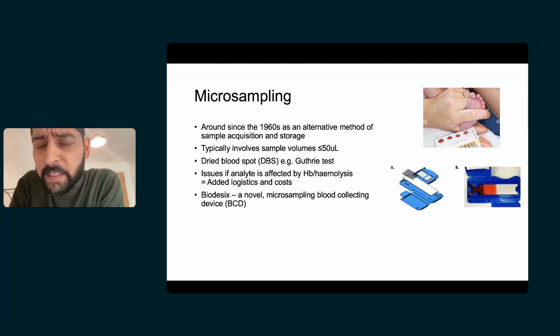This was a device that used the principle of lateral flow to separate the cellular and the non-cellular components of blood. The device itself was relatively simple. You basically had a filter paper, which was enclosed in a two-doored cassette.